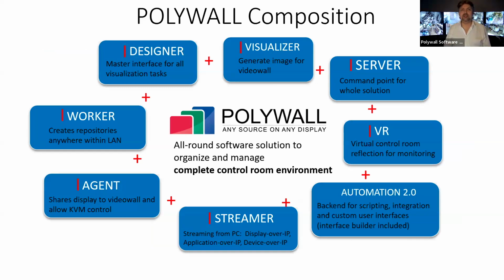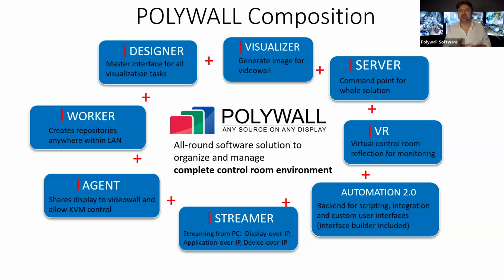Just to summarize, Polywall is a platform to organize a complete control room environment. It has modules which you can cherry pick to provide exactly the functionality which you need. It combines video matrix features with AV over IP features, with IP KVM features.